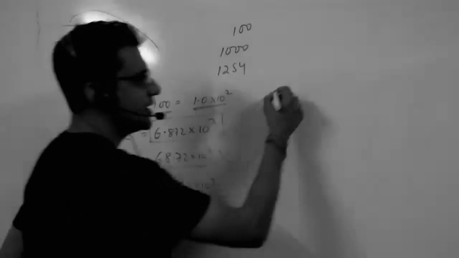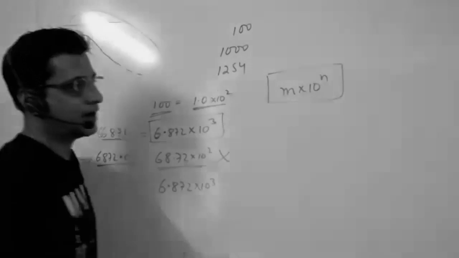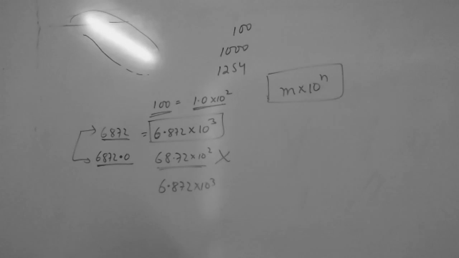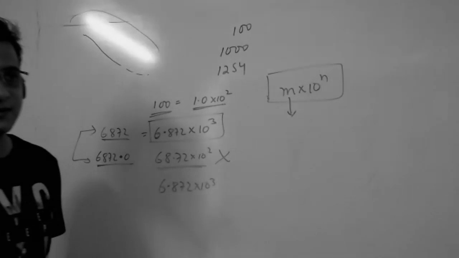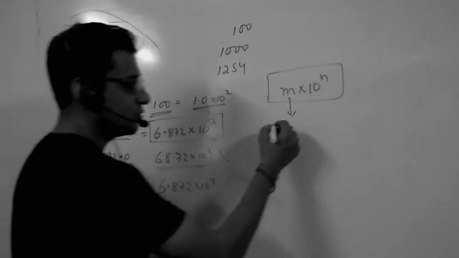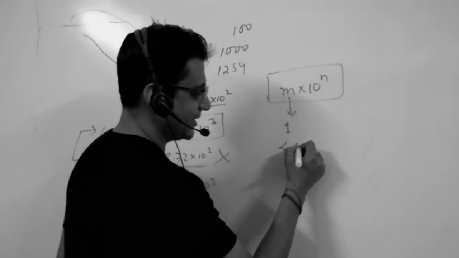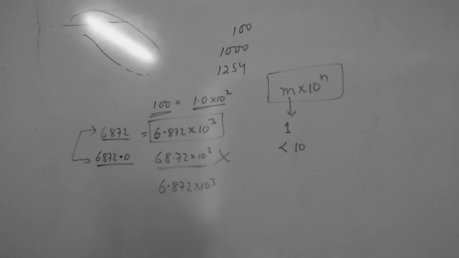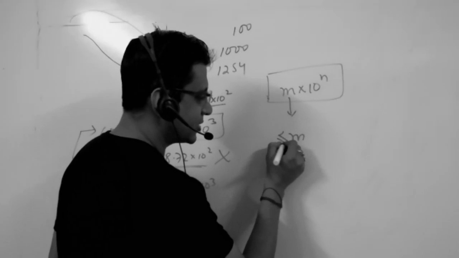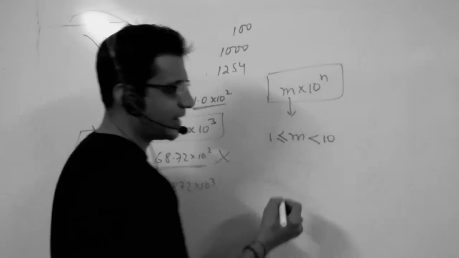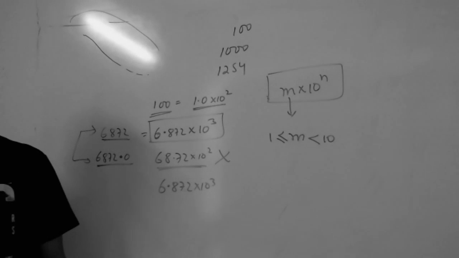To sum it up, any number written in the form m into 10 to the power n, where m is between 1 and 10, can be equal to 1 but less than 10. It cannot be equal to 10. So we can write m is greater than or equal to 1 but less than 10. 9.99999 you can write, but you cannot write 10 point something.